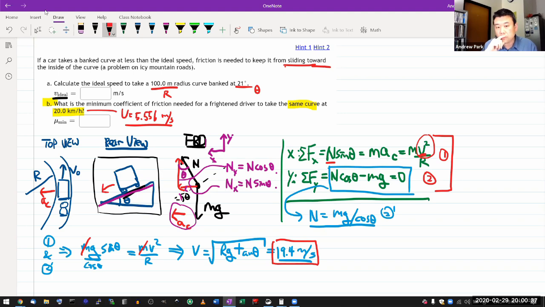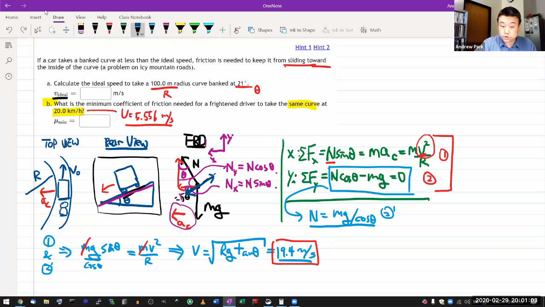So after having figured out what would happen without friction, what you do then is you introduce friction in such a way as to oppose what's going to happen without friction. So friction can only go in the direction along the surface. So you are choosing between choice 1, down the slope, and choice 2, up the slope.